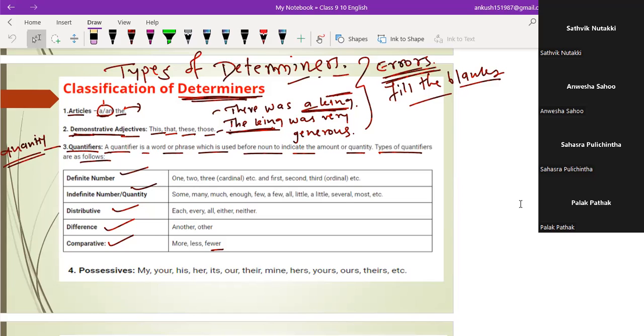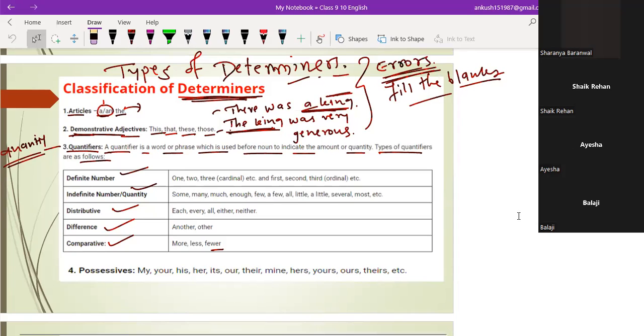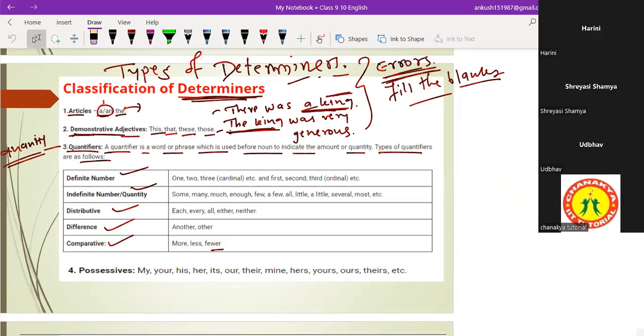Sahasra. Sahasra. Palak Pathak, Yes, sir. Sharanya, Yes, sir. Sheikh Rehan, Aisha, Yes, sir. Aisha, Yes, sir. Balaji, again Yes, Harini, sir.